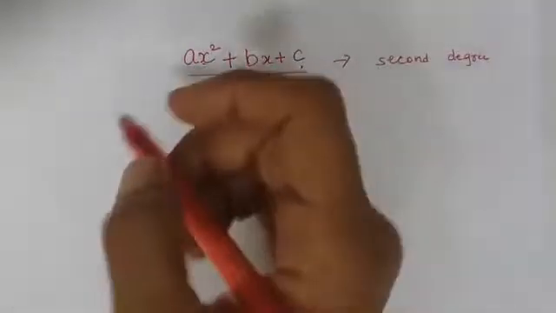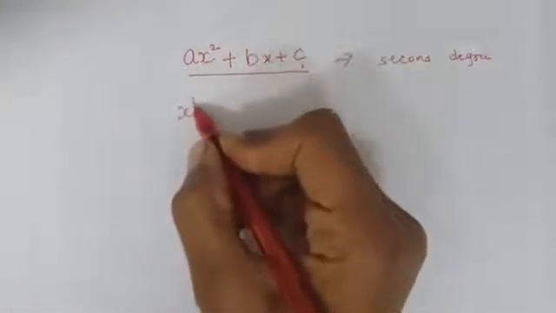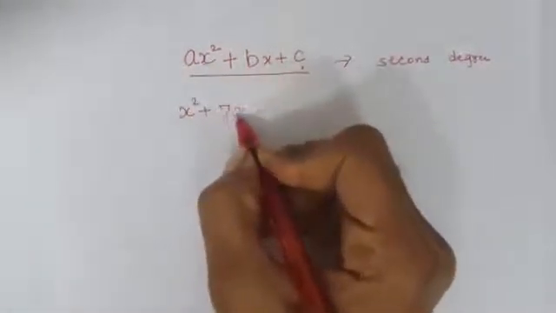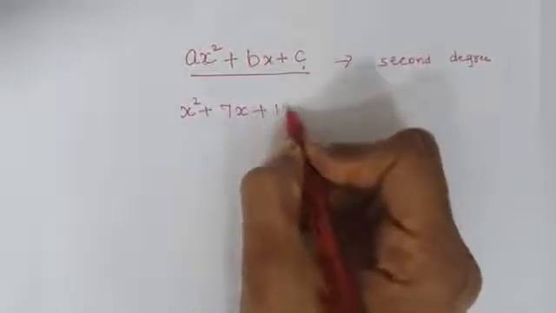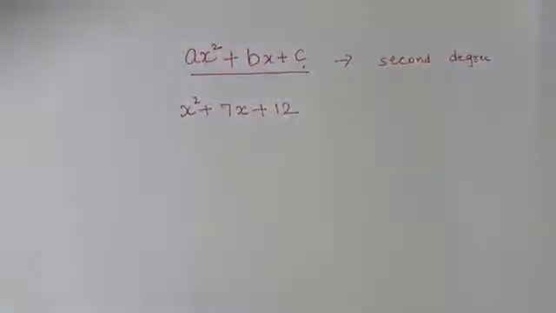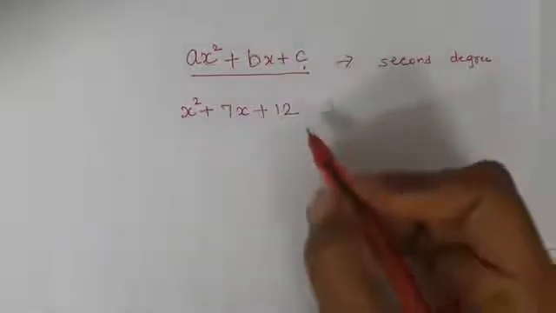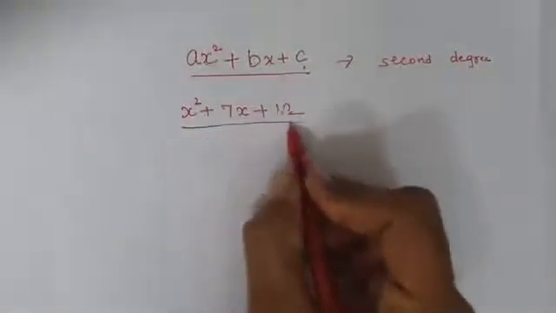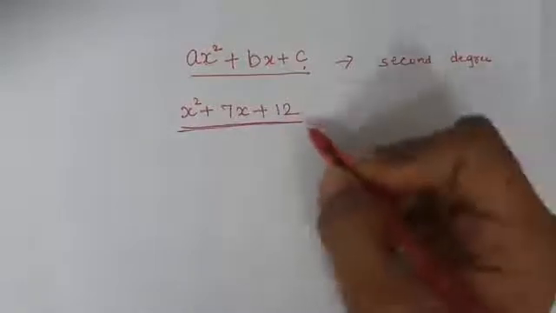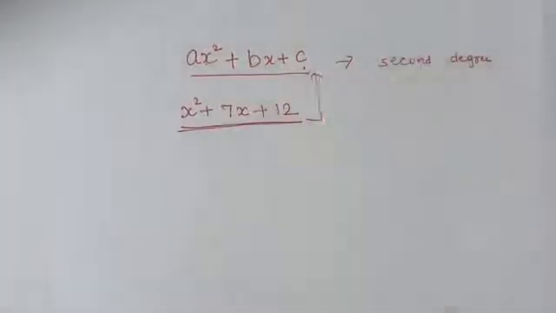Suppose we are having x square plus 7x plus 12 and we have to factorize it. Always, first of all, you will compare the given polynomial with the general polynomial.